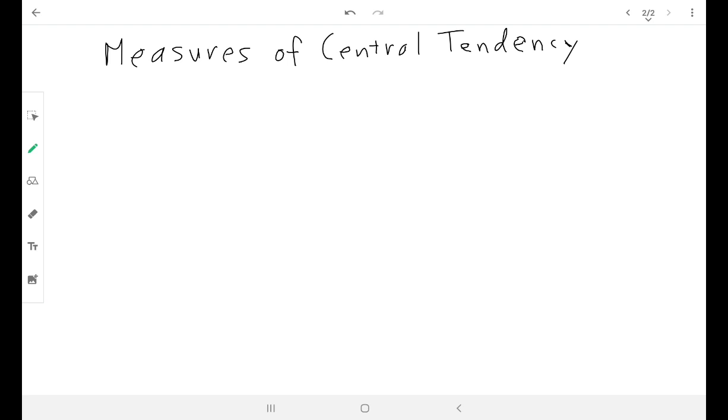Measures of central tendency. We have three main measures. We have the mean, and the mean is the average.